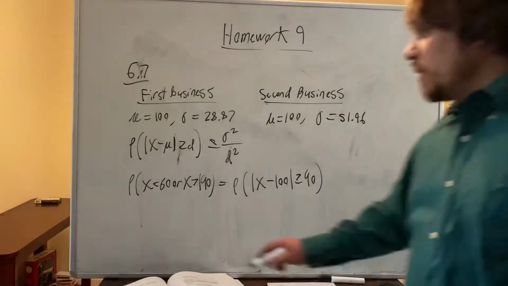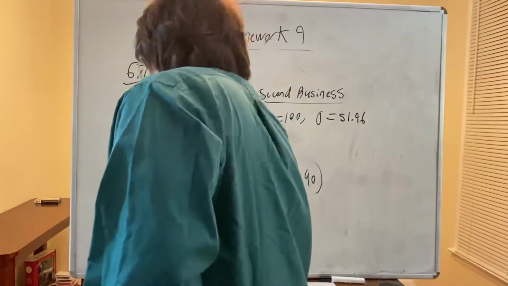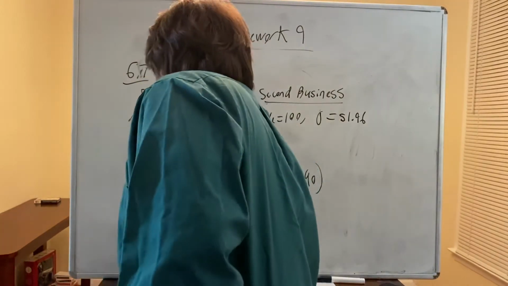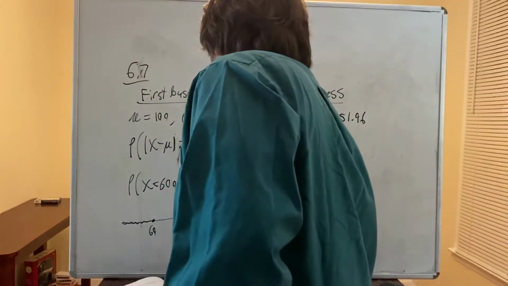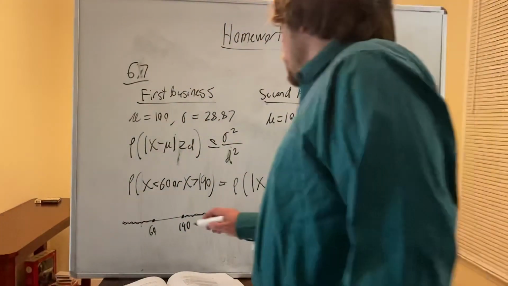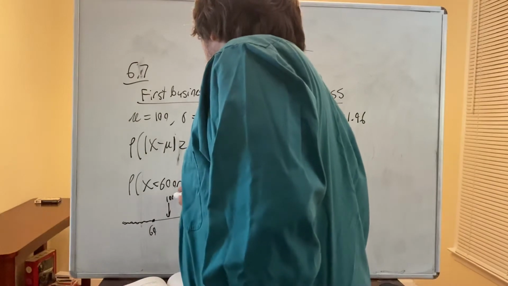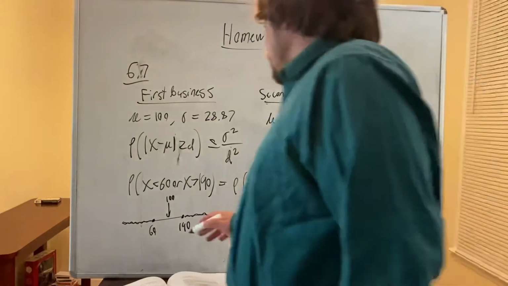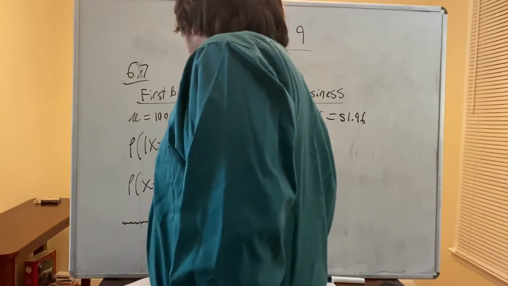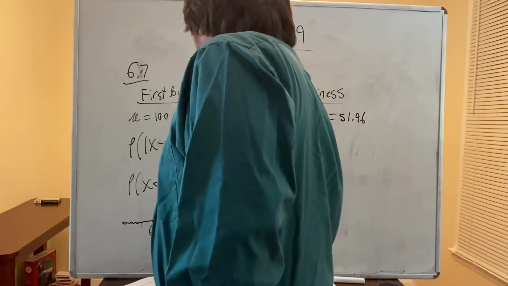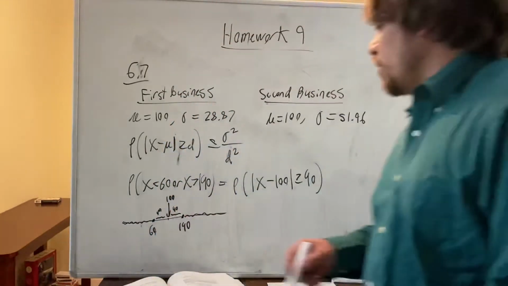How do I see that? Well, if you look at the number line at 60 and then 140, the probability that X is either less than 60 or greater than 140 is the same as saying the distance from X to the midpoint, which is 100, is at least 40. From the midpoint to 60 it's 40, and the distance from 100 to 140 is 40.